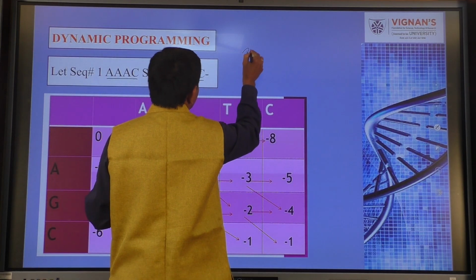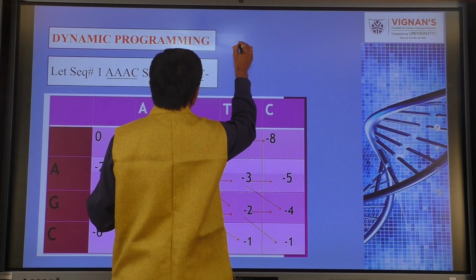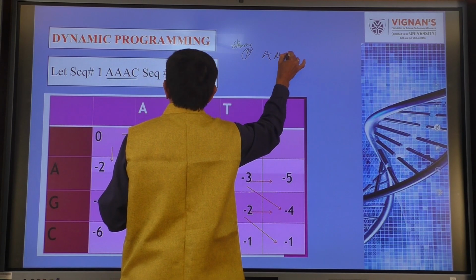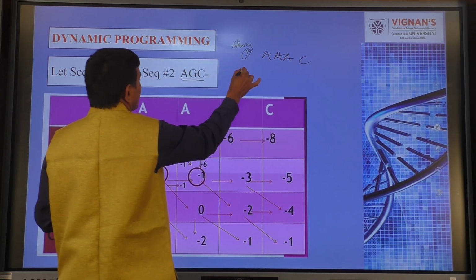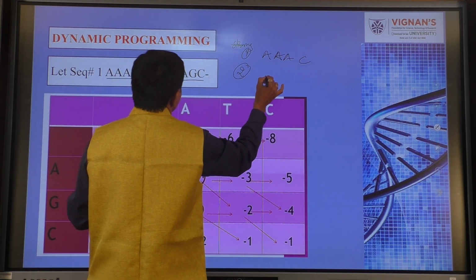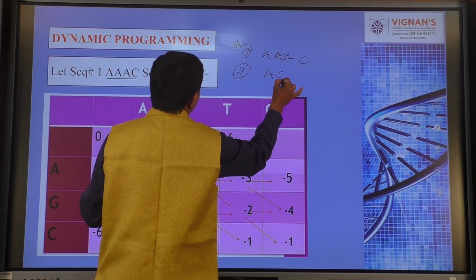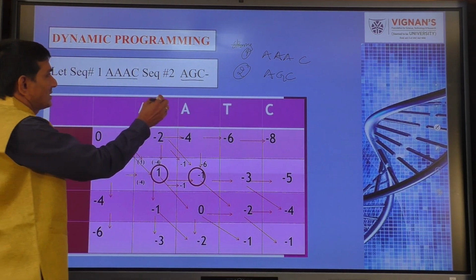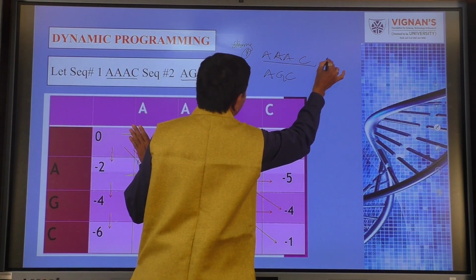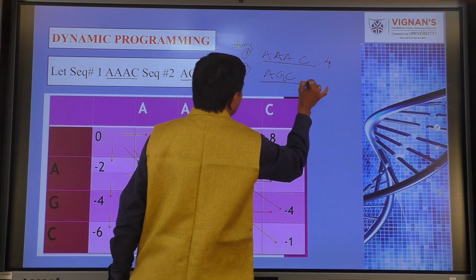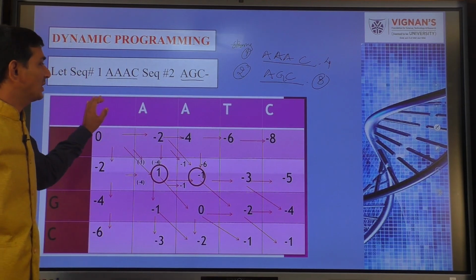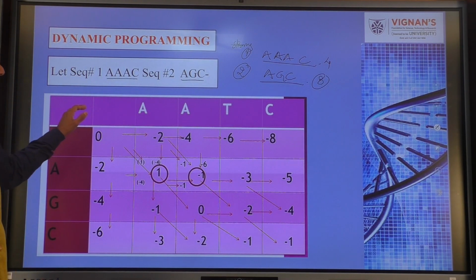Let us call them string 1, where the 4 characters are A and then C, and the second string, of 3 characters length, is AGC. So, sequence 1 consists of 4 characters and sequence 2 consists of 3 characters. Here we are going to perform global alignment.